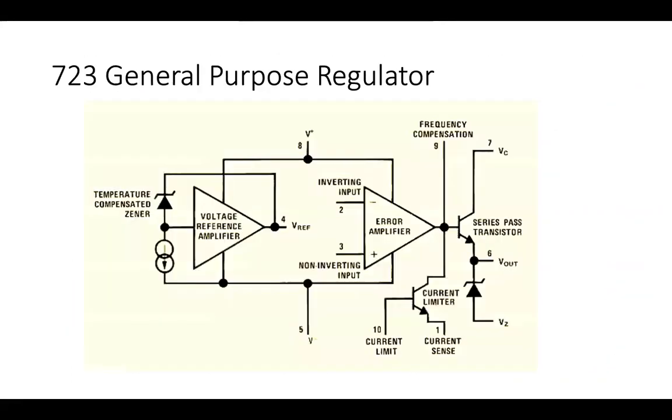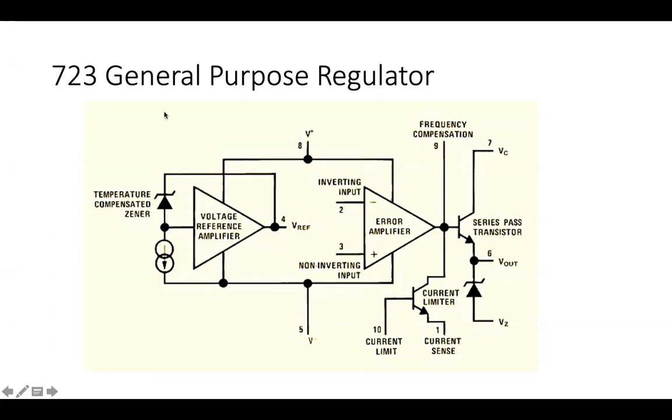Now, about the general purpose regulator, 723. How does this general purpose regulator function? You can just imagine it's another type of IC, just like how we saw 7805 and various applications with respect to 7805.